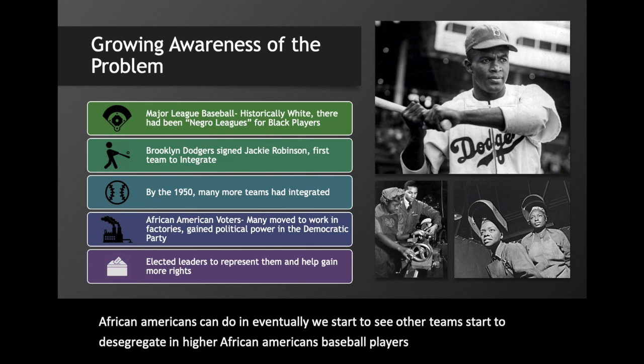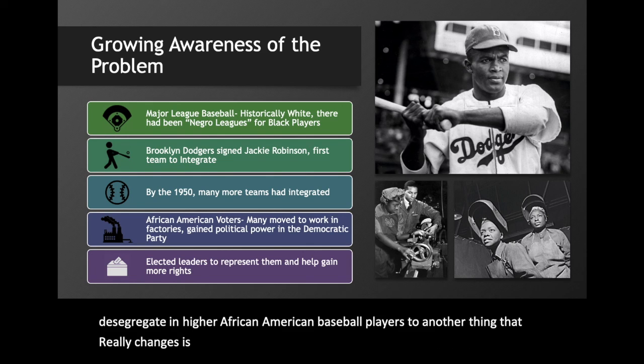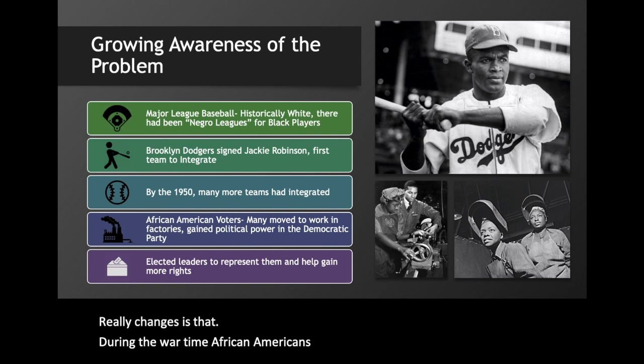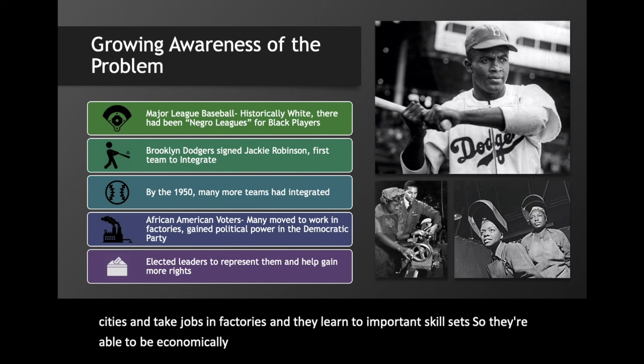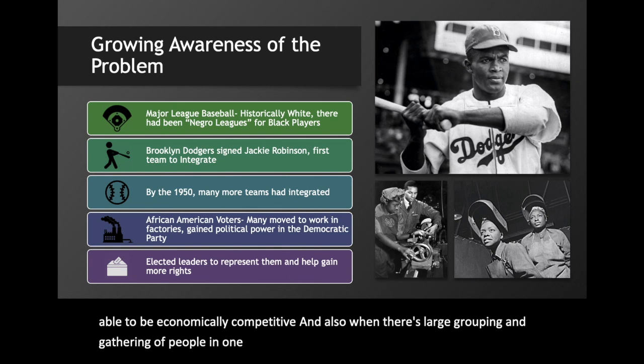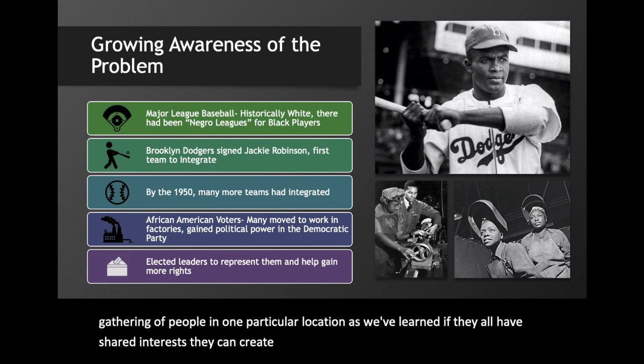Another thing that really changes is that during the wartime, African Americans move out of the countryside and into the cities and take jobs in factories, and they learn important skill sets so they're able to be economically competitive. And also, when there's a large grouping and gathering of people in one particular location, as we've learned, if they all have shared interests, they can create an enormous amount of political influence.